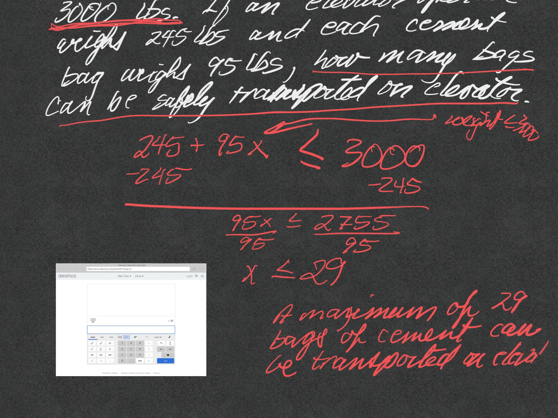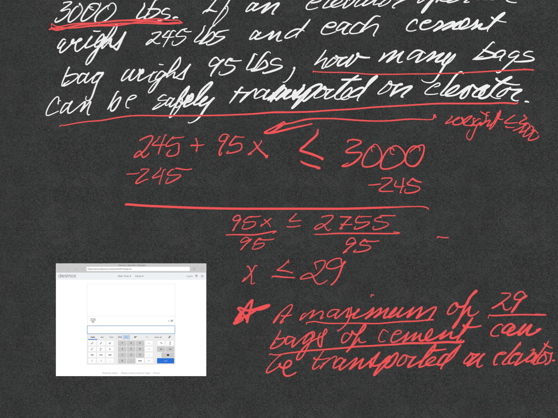Now, I usually like to indicate that writing a complete sentence like this is a good way to answer a story problem, because now I know that I can have up to a maximum of 29 bags, and I can put that many on the elevator and transport it.